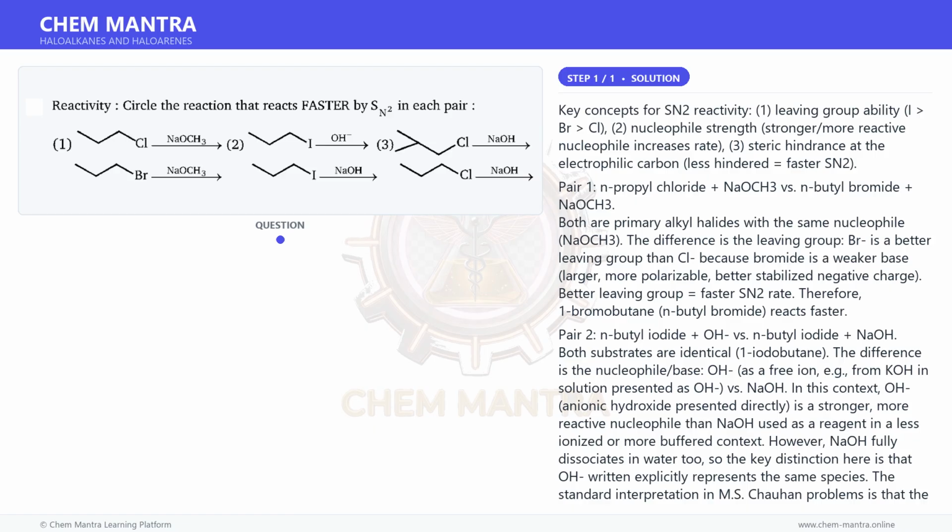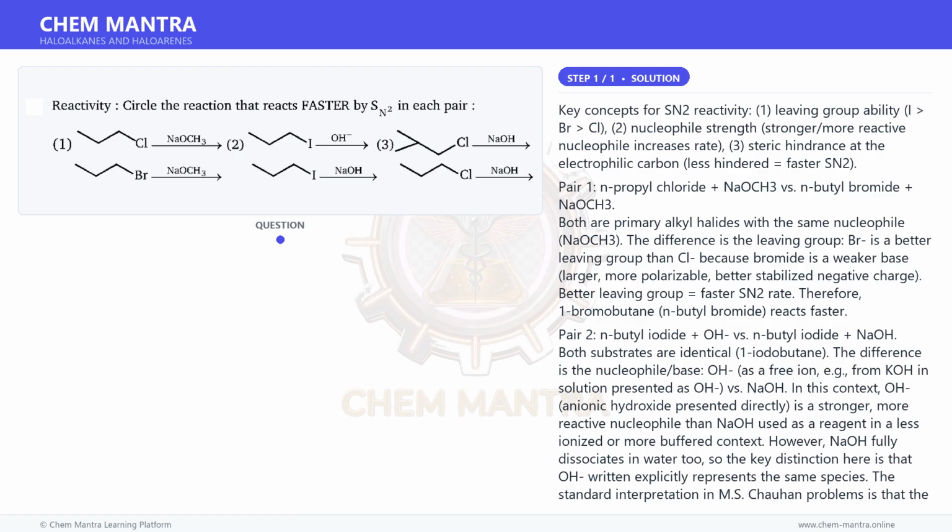Summary of faster reactions. Pair 1, 1-bromobutane, n-butyl bromide, better leaving group, Br > Cl. Pair 2, 1-iodobutane, n-butyl iodide, with O⁻, stronger nucleophile, free anion. Pair 3, 1-chlorobutane, n-butyl chloride, less steric hindrance than neopentyl chloride.